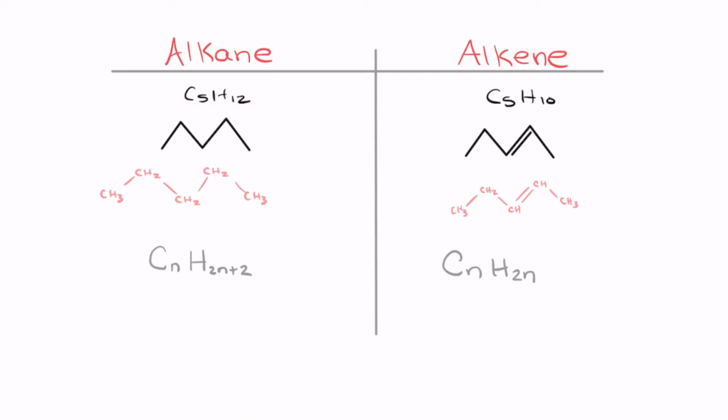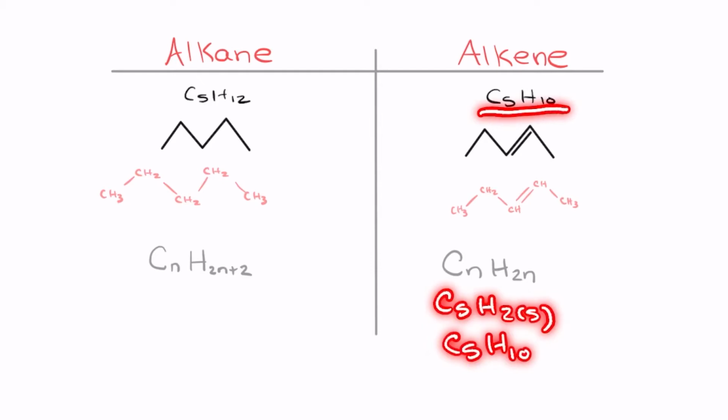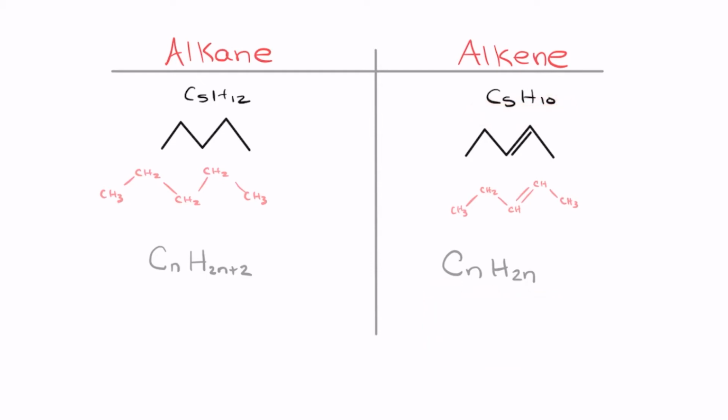And if we plug in 5 for n here, since we have 5 carbons, we get C5H2 times 5, which is C5H10, which follows this alkene formula here.